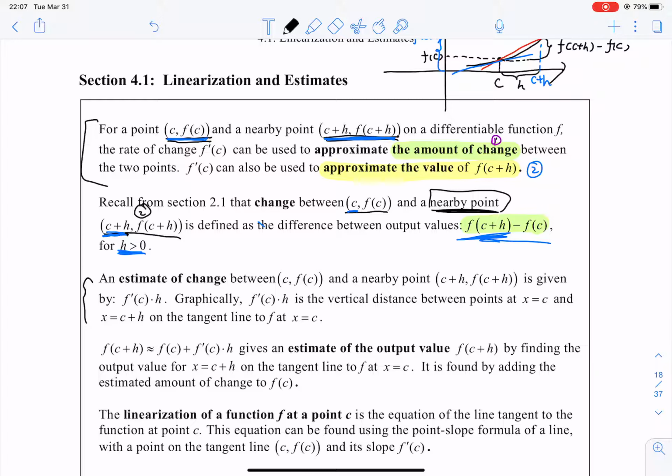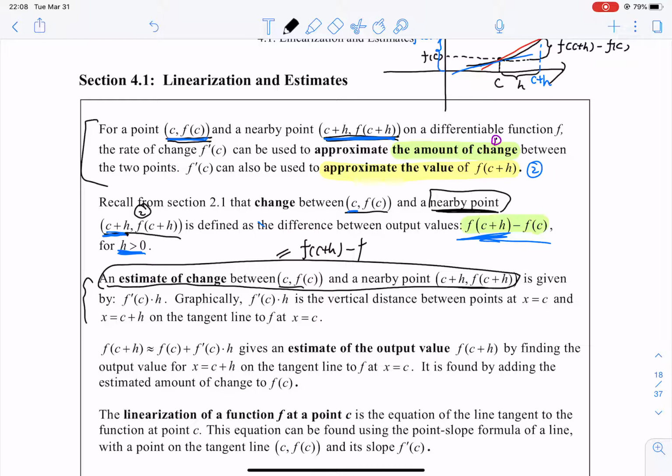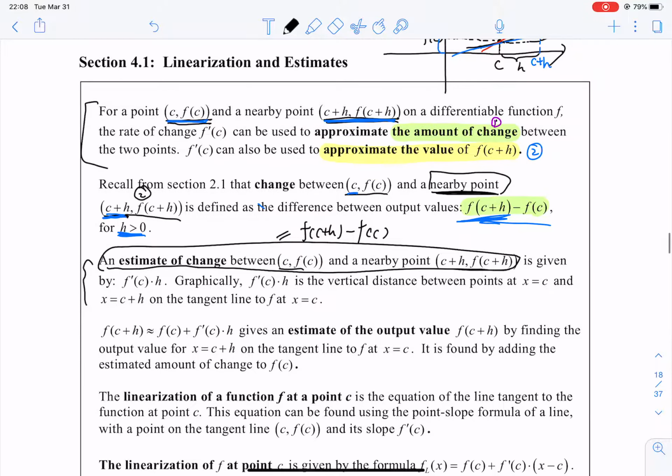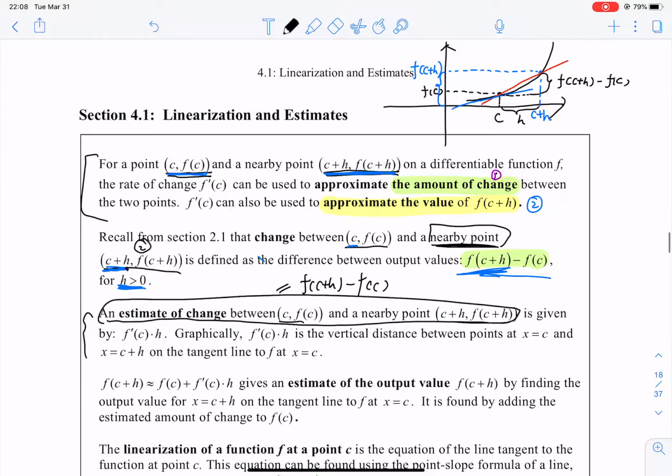An estimate of change between these 2 points. So this part just means f of c plus h minus f of c. And f of c plus h minus f of c is given by what we just talked about: the derivative, the slope of the tangent line, or the slope of the secant line, because they are the same one when h goes to 0.